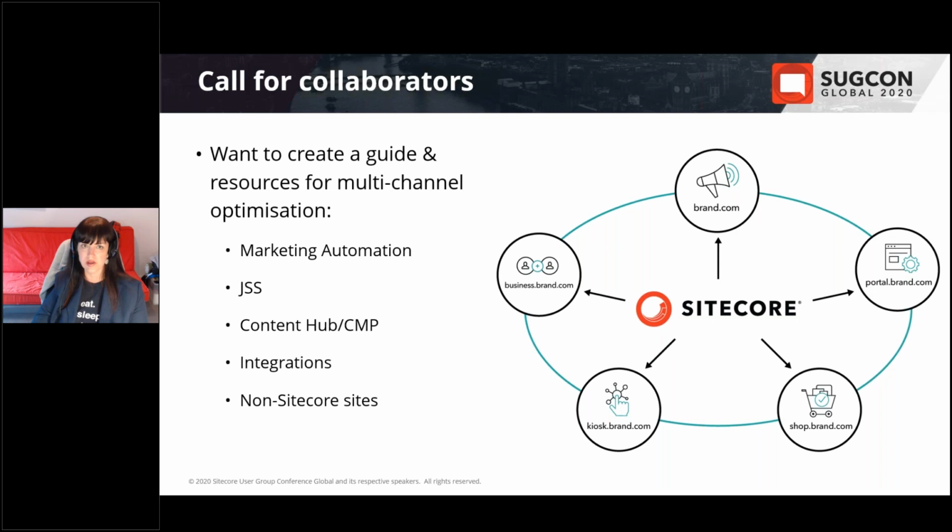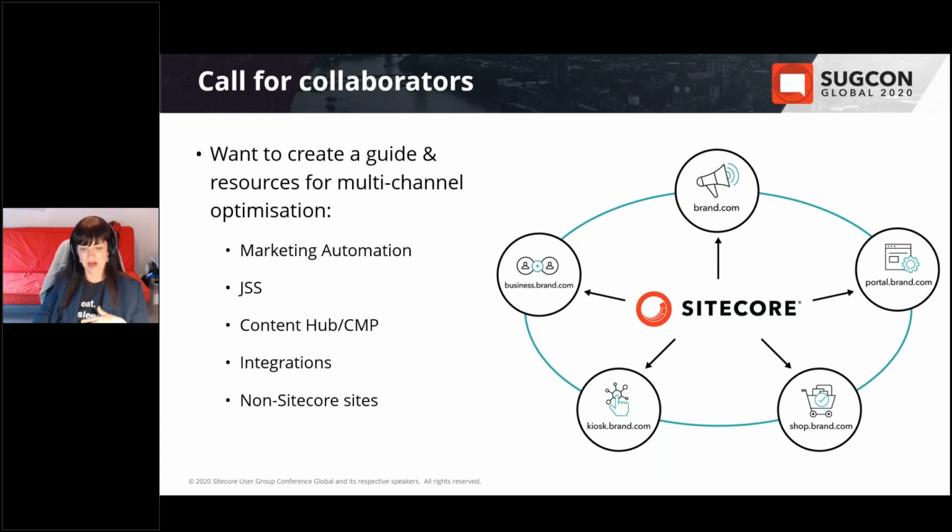How do you personalize if you're building a site with JSS? If you've got Content Hub and, more importantly, content marketing platform, that's the connection, what do you need to think about putting in place there? If you have integrations, how do you approach that? And if you have integrations into non-Sitecore sites, and not just into customer data platforms or DMPs, how do you approach that? So this is the next one.